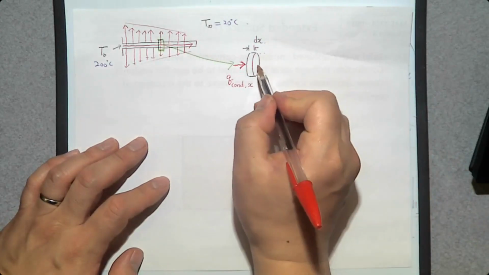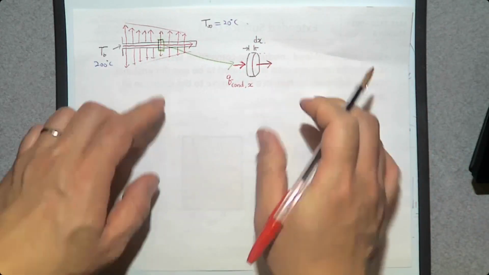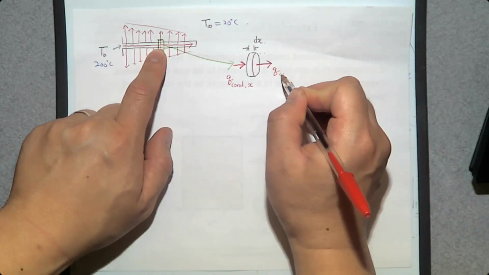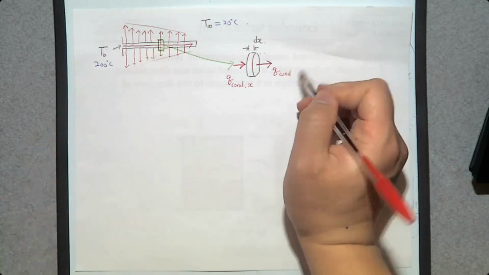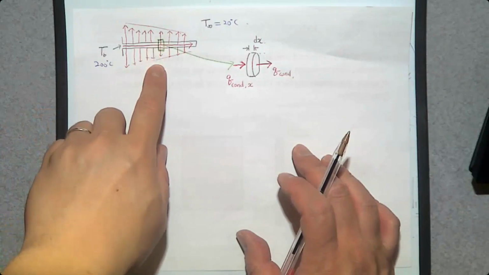Then what about the heat transfer in this way? That's also conduction, Q by conduction. Do you think that this conduction heat transfer should be the same as this conduction heat transfer? Are they the same? Not really. Why? Because there is a convection to the side.